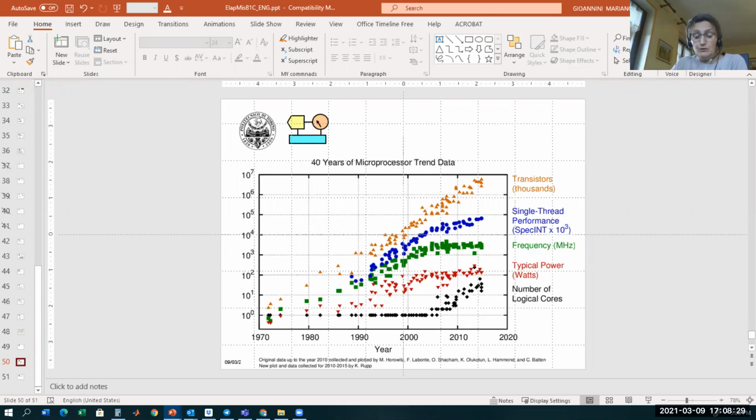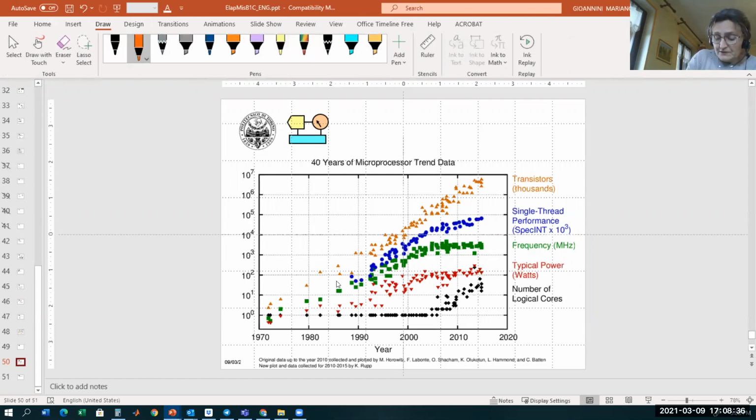And I don't know if you already know, this trend of increase of the number of transistors inside the chip versus time over the years follows a very well-known law, known as Moore's law, which tells that the number of transistors per unit of area per chip doubles every 2 years.